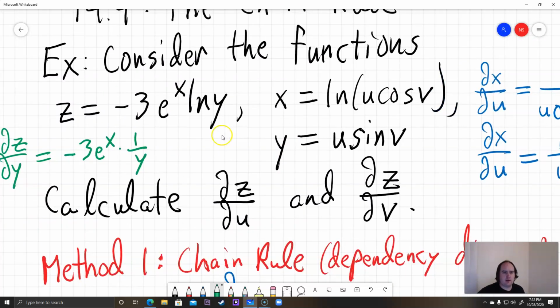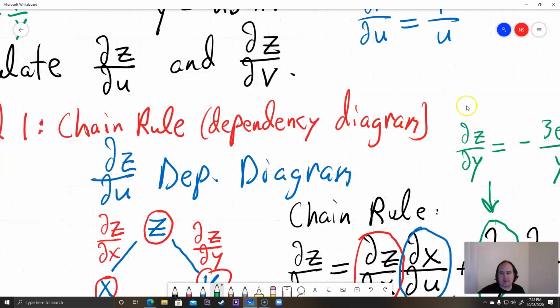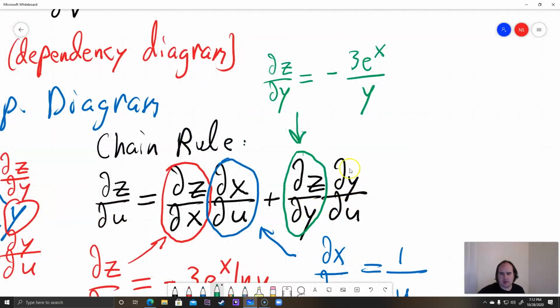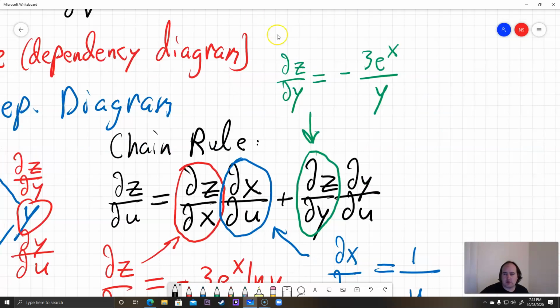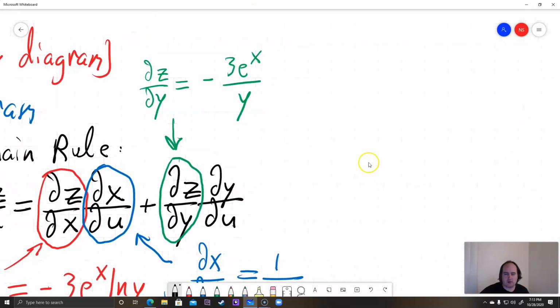Alright, and then for our last derivative that we have to calculate here, partial y partial u. For that one, we know that y equals u sine of v. And I'm kind of out of new colors here, so I guess I'll go back to black. So for partial y partial u, let me do that one over here.